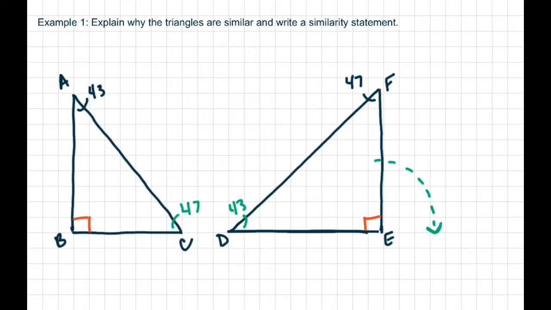So I can see that angle A corresponds to angle D, and angle B corresponds to angle E. So that's pretty much enough. I just have to pick two congruent angles on each triangle that are corresponding to each other.